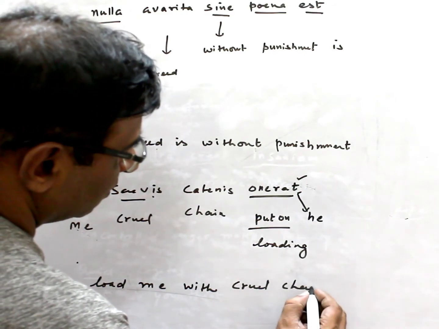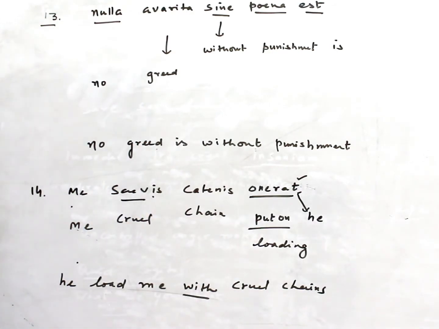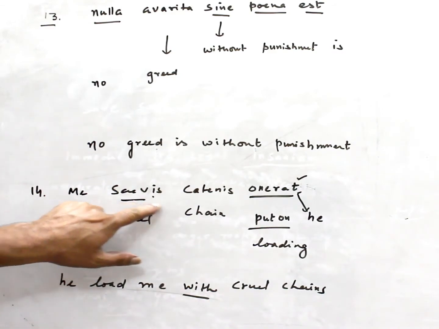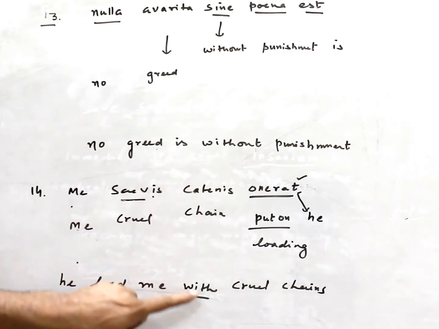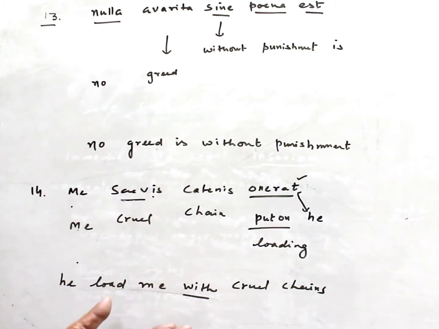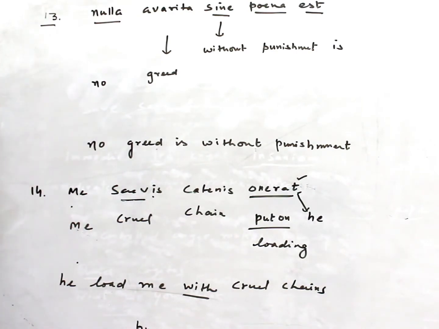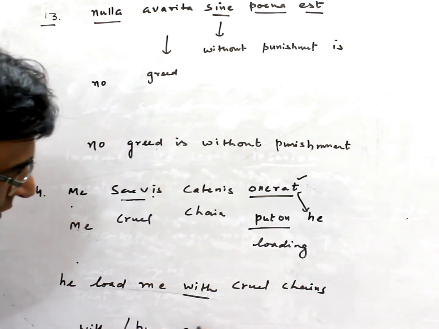With cruel chains. So see, I added with, and there is no word for with, but you see, ablative. In the ablative part we can use with. Ablative is represented by by, or also with.